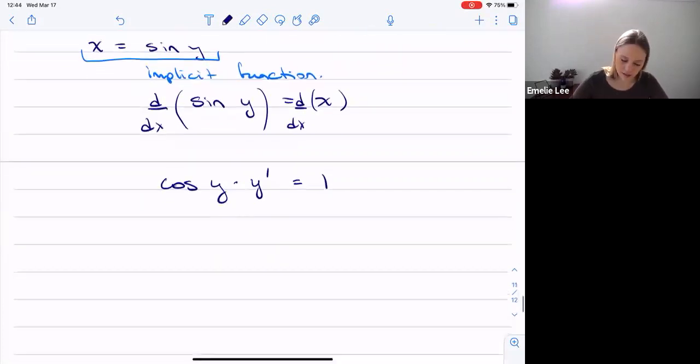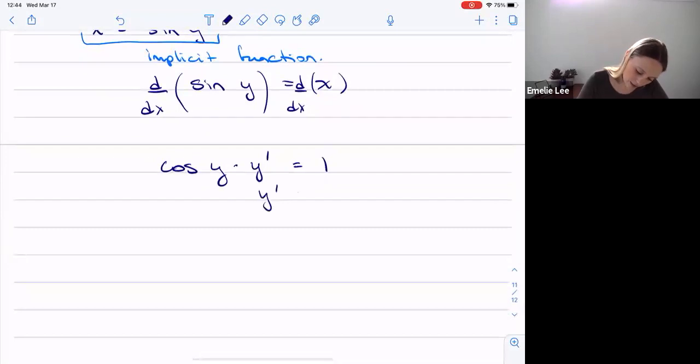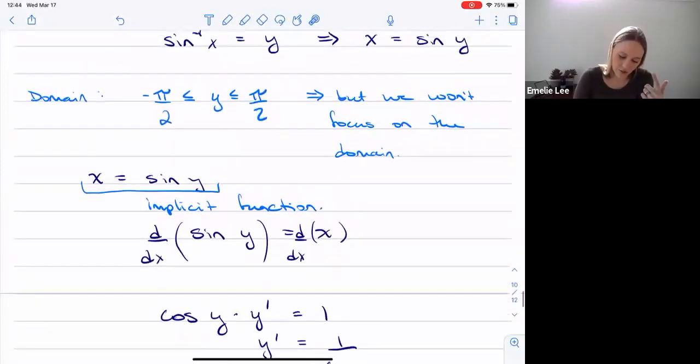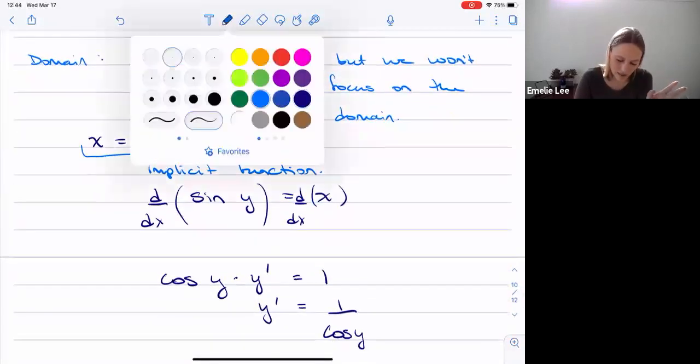So here, solving for y prime again, I get y prime is 1 over the cos of y. Here, I'm going to make a note. This is where we need to make sure that cos y isn't equal to 0. So it actually adjusts our domain to not be inclusive of the endpoints anymore. Like I said, we're not going to focus on it, but I will make a side note here.